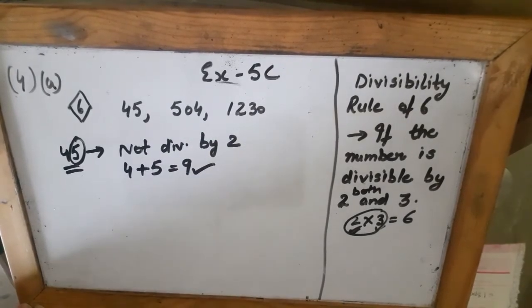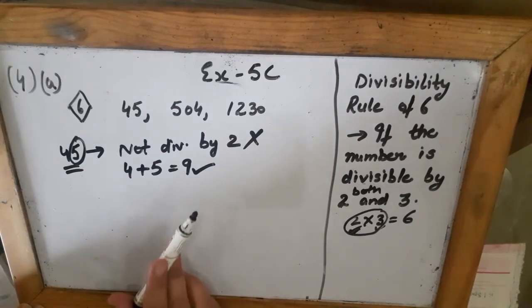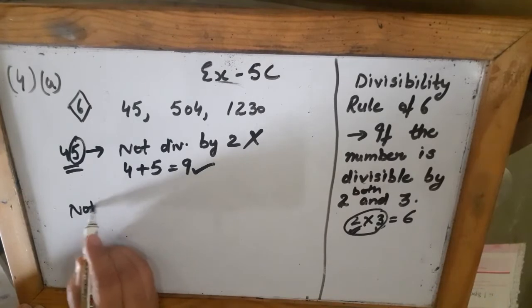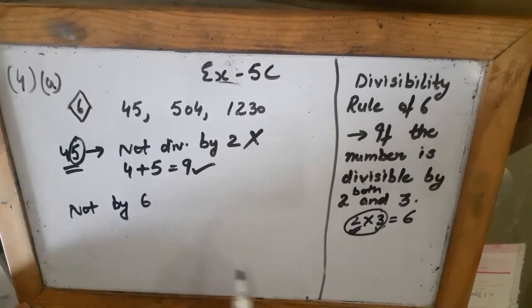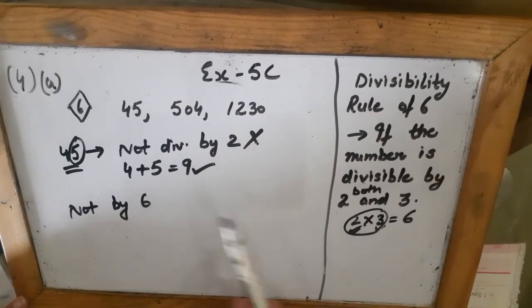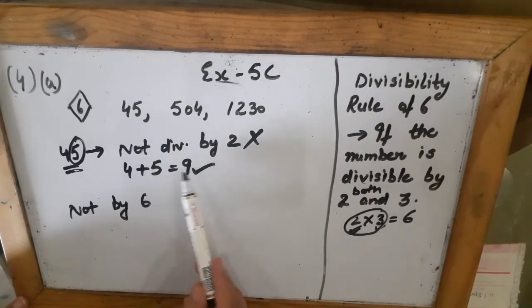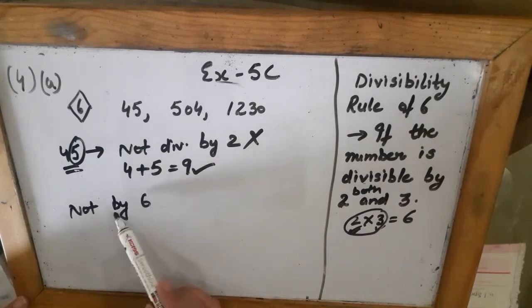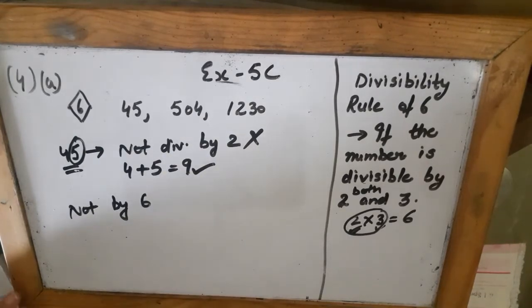So it is divisible by 3 but not divisible by 2. So will it be divisible by 6? No, not by 6, because the rule says that it should be divisible by both 2 and 3. This number is divisible by 3 but not by 2. So this number is not divisible by 6 also.